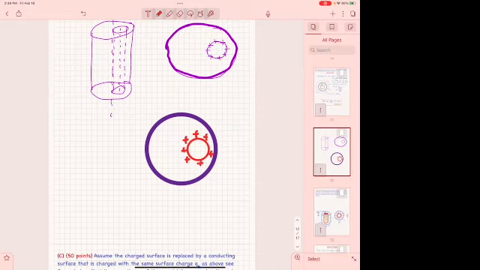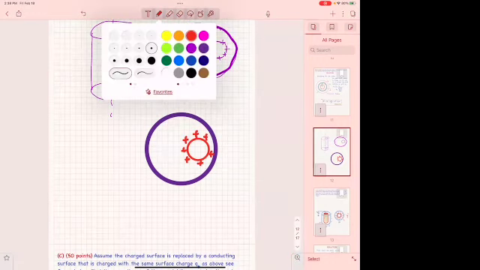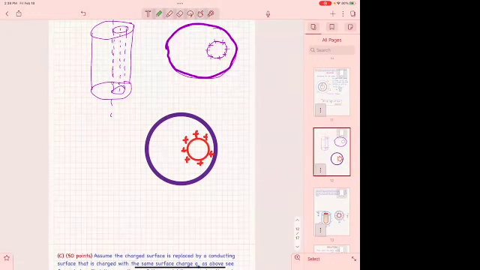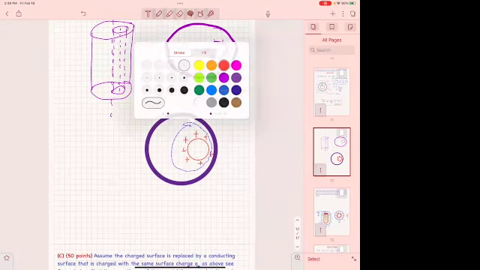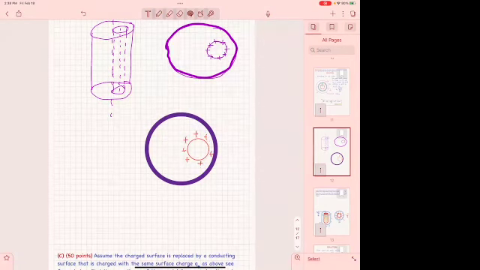What happens? Inside, what happens? First of all, let's find out what happens inside. What do you think? Where are the negative electrons? Where would they go? They will try to concentrate closest.